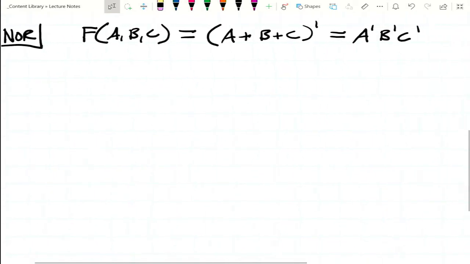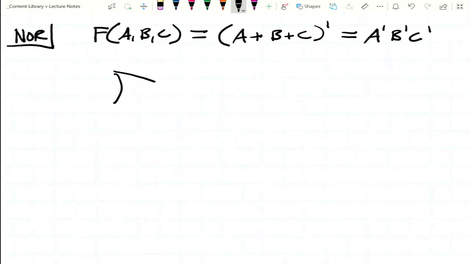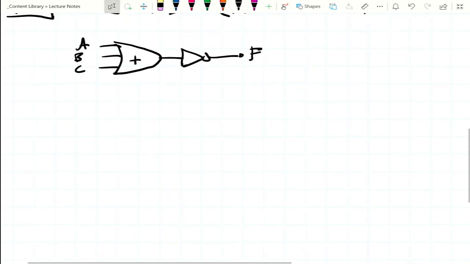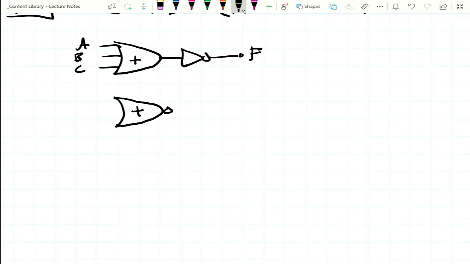It's going to be just like our OR gate, with 3 inputs, A, B, and C, into an inverter to get F. By shorthand we will draw the schematic symbol for a NOR gate as an OR gate with the bubble, inputs A, B, and C, and that gets us F. Cool. Any questions about the general structure of NAND gates and NOR gates?